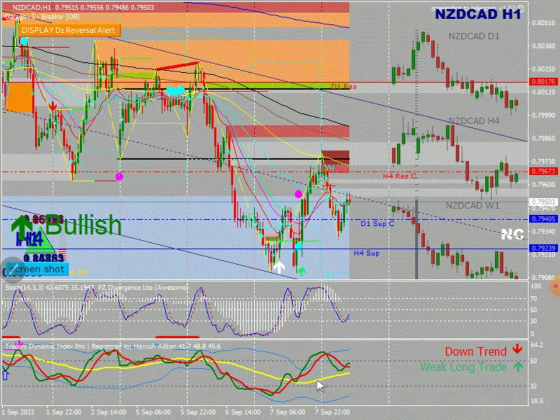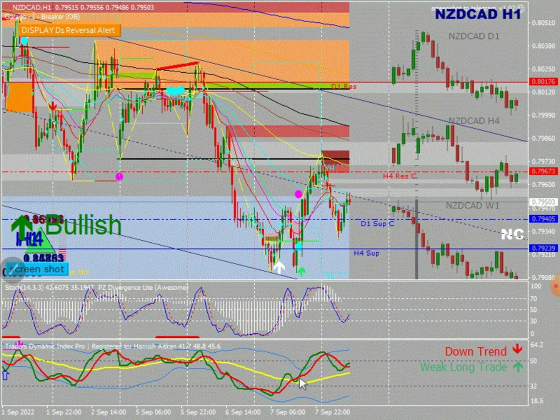This yellow shows the trend on the higher time frame. Whenever the market baseline, the yellow, is below 50, this is the 50 level, this is the 32 level, and we have the 68 level, but presently it's not shown here.